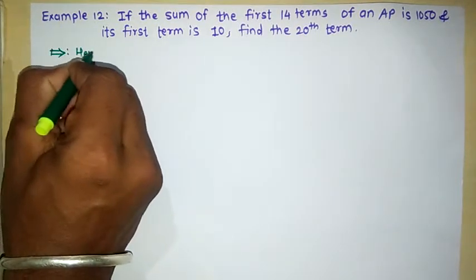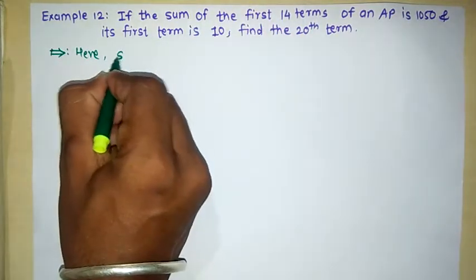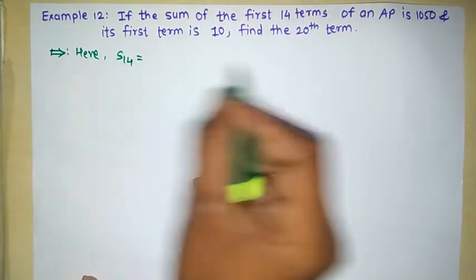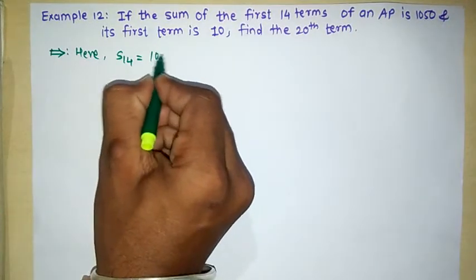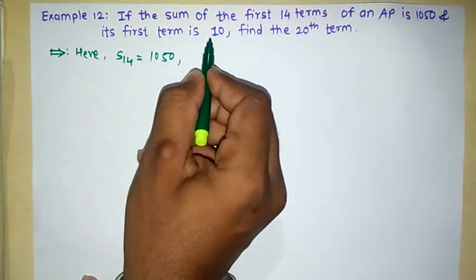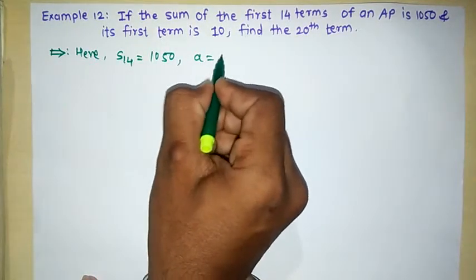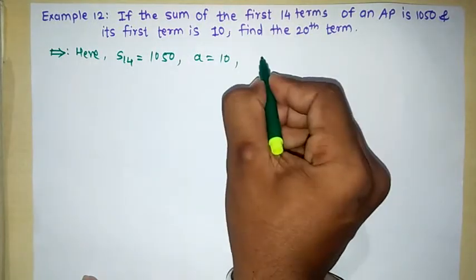Here sum of the first 14 terms, that is S14 is equal to 1050. Sum of the first 14 terms is given as 1050 and its first term is A is equal to 10. It is given. Now we have to find the 20th term.